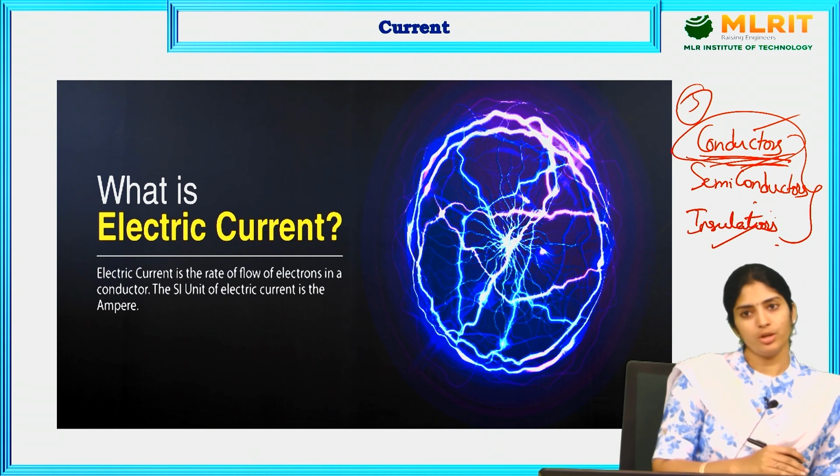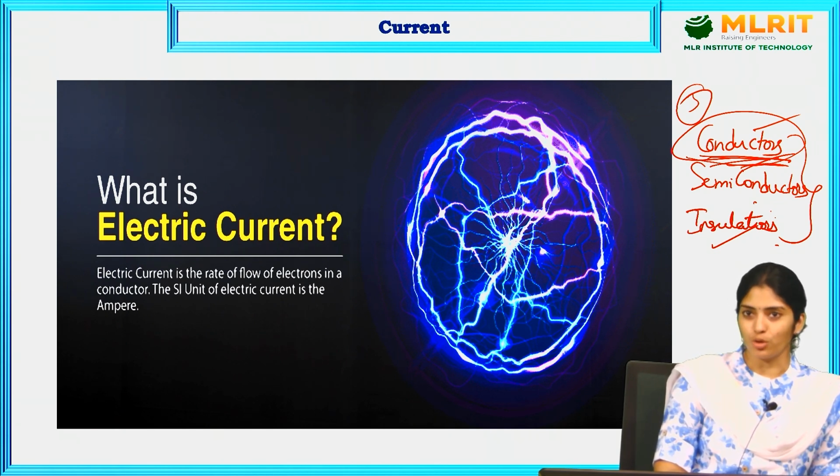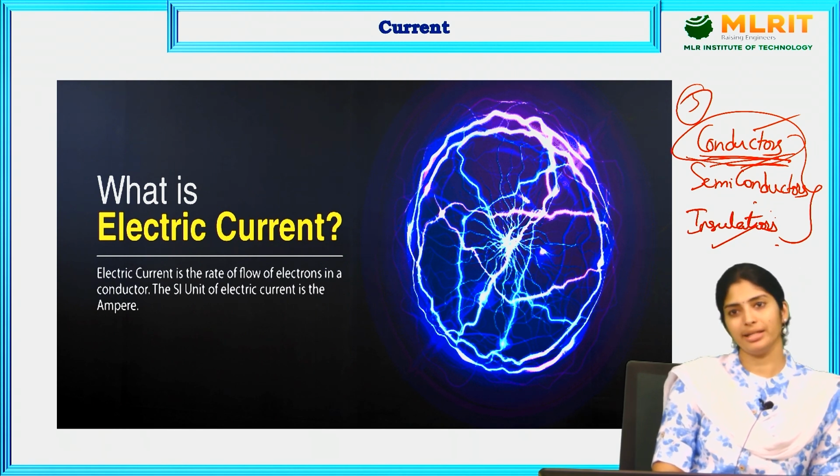Now coming to our basic definition, electric current. What is a current? Flow of electrons in a unidirectional manner is called current.